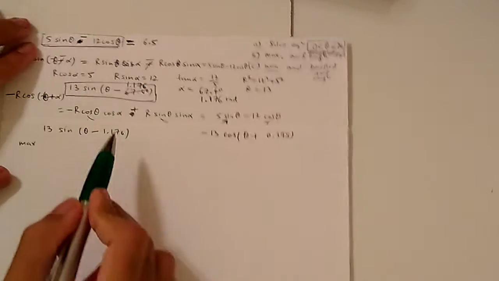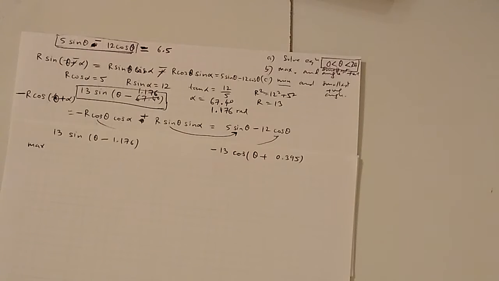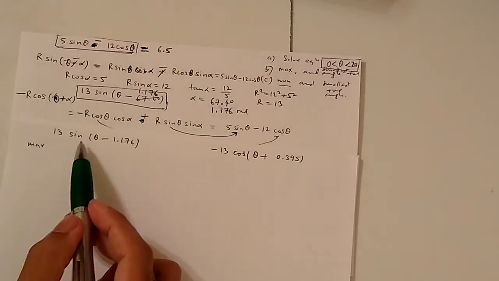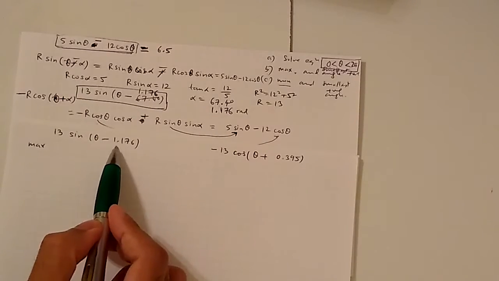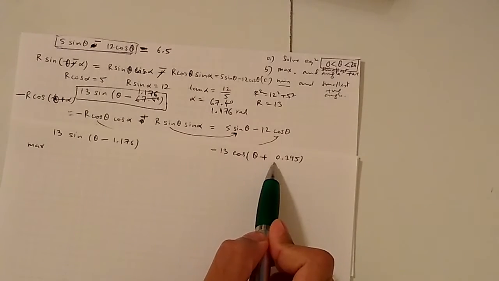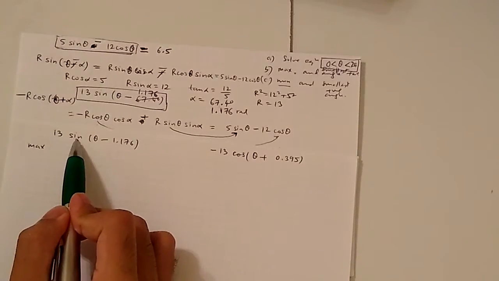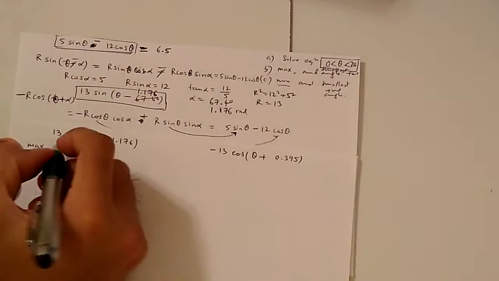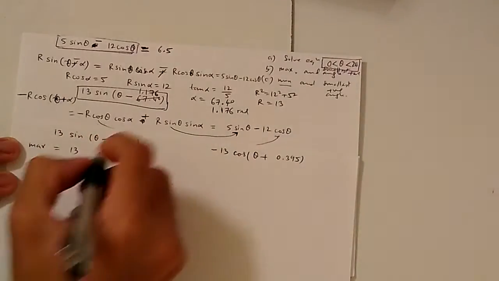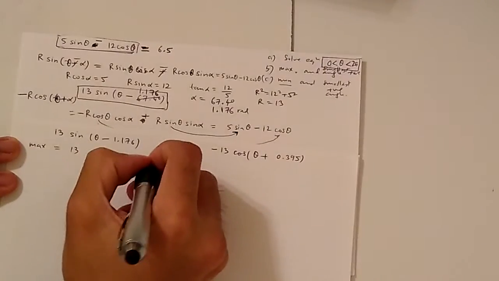It does not matter whether this is a minus or a plus, or theta, 2 theta, or 3 theta, or theta plus something else. It doesn't make a difference. In both cases, sine has maximum value 1, cos has maximum value 1. Therefore in this case maximum is going to be equal to 13 times 1, which is 13. Minimum is going to be 13 times minus 1, which is minus 13.